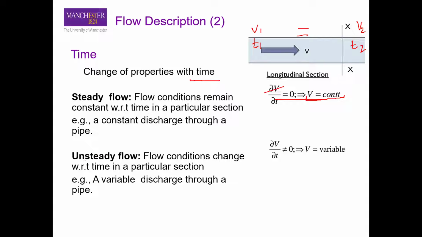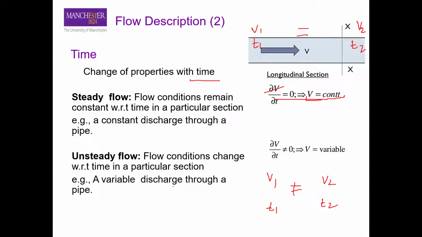And then we can have another type of flow that is called unsteady state flow, in which the flow conditions change with respect to time. For example, here, as you can see, the velocity is changing with time. So velocity at point 1 and t1 will not be equal to velocity at time 2. This is what we call unsteady state flow.